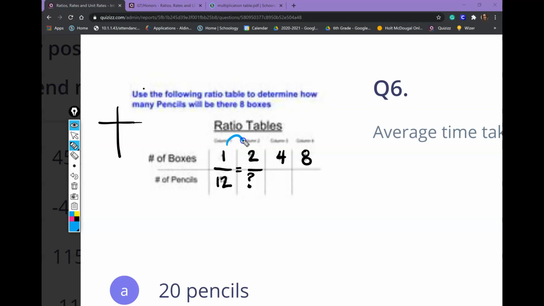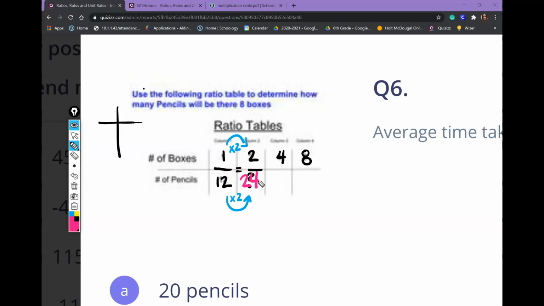Since I'm going from 1 to 2, I'm getting larger. That means I'm going to be multiplying. Any number times 1 is itself, so 1 times 2 is going to be 2. And whatever I do to the top, I have to do to the bottom. So I'm going to do 12 times 2, which is 24.